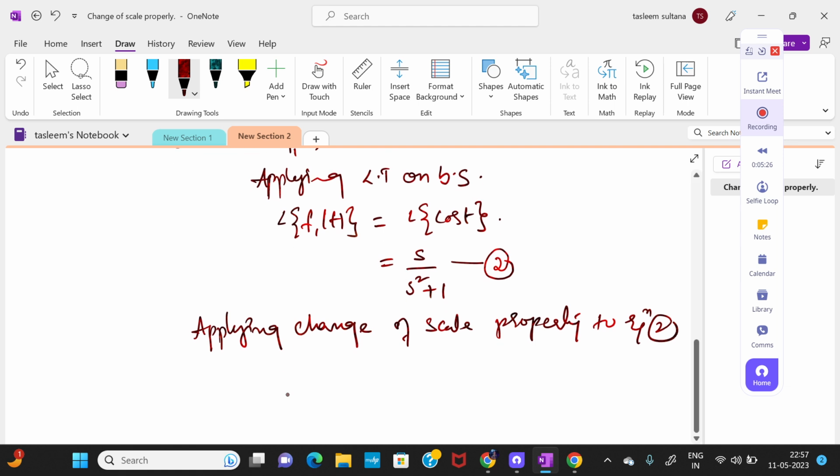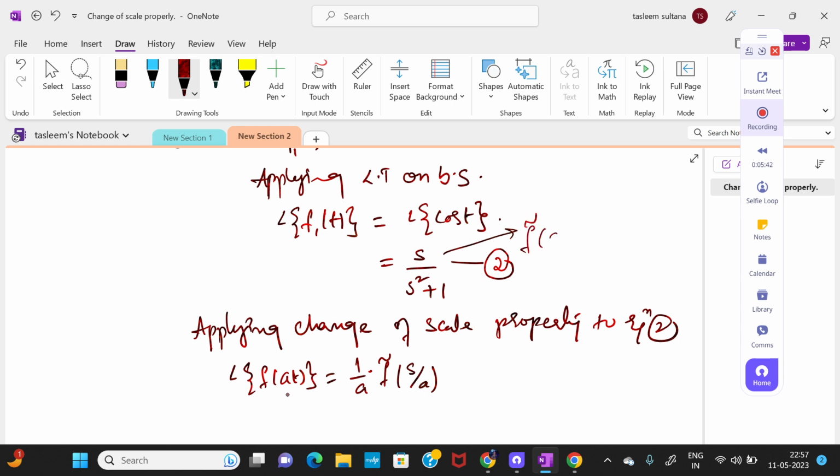What is our change of scale property? L of f of at is equal to 1 by a into f bar of s divided by a. So this is my f bar of s. Wherever s is there, I am going to replace it with s divided by a.